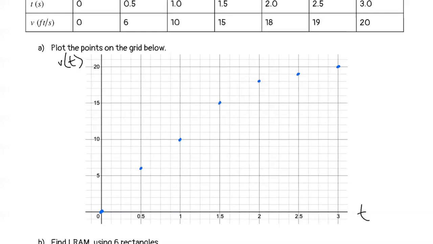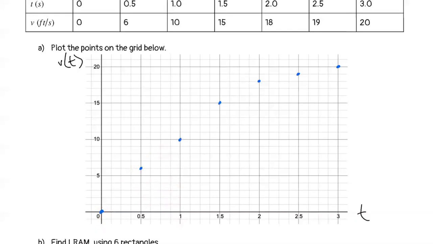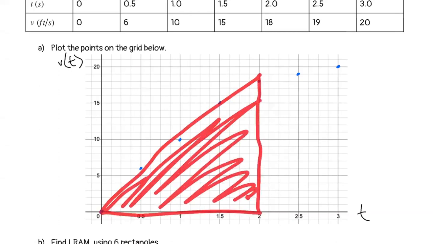So if I find the area under the curve from 0 to 1, whatever that area is, that area will tell me how far she ran in 1 second. What if I found the area from 0 to 2?